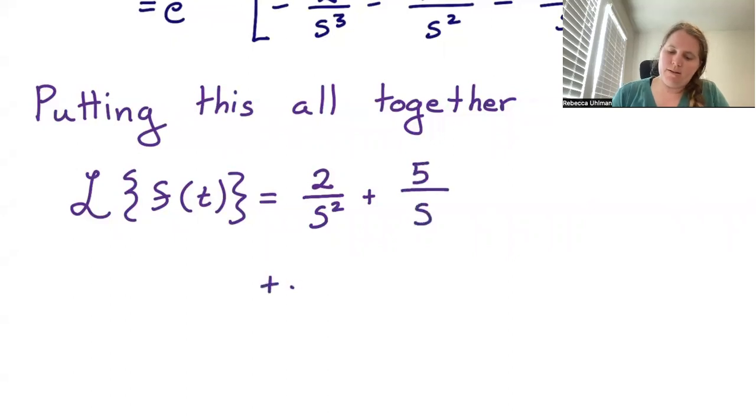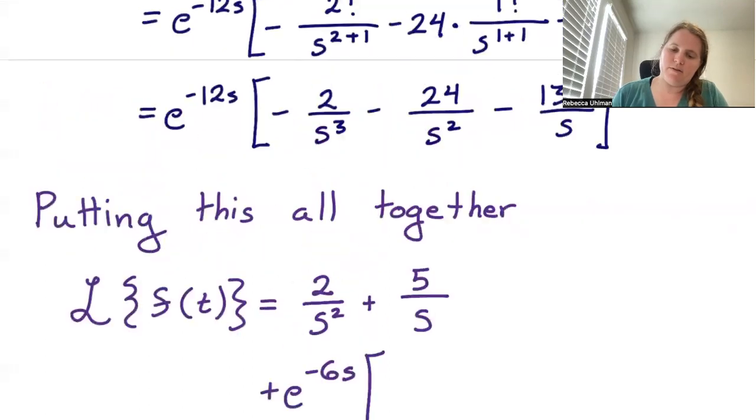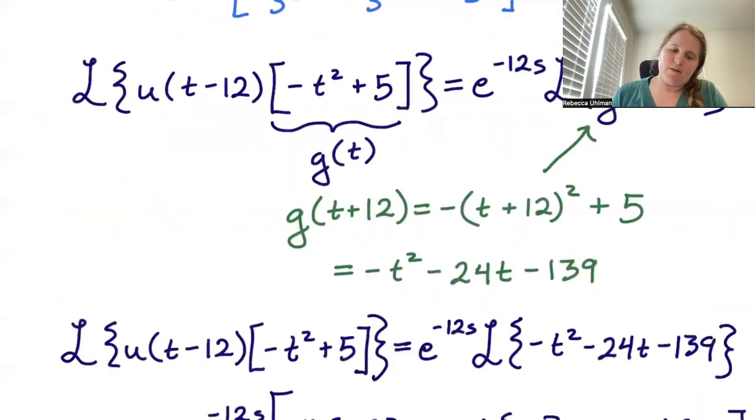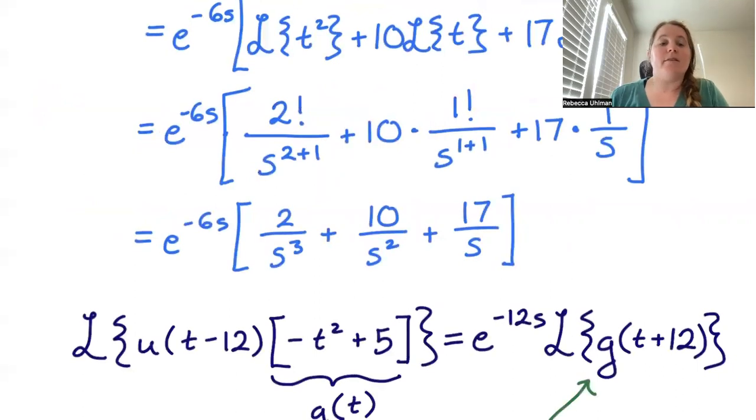Then we have plus e to the negative 6s times 2 over s cubed plus 10 over s squared plus 17 over s.